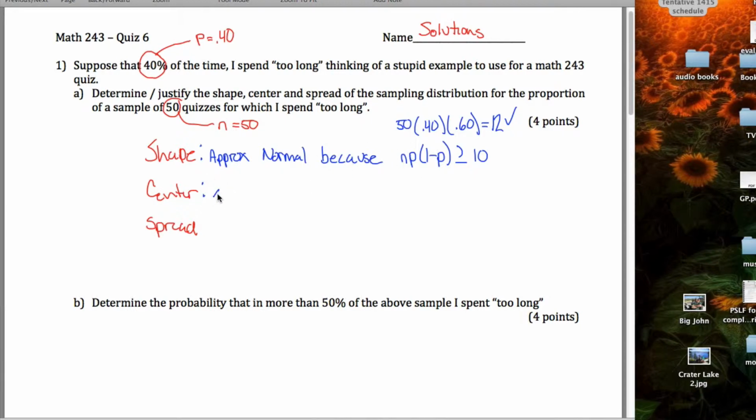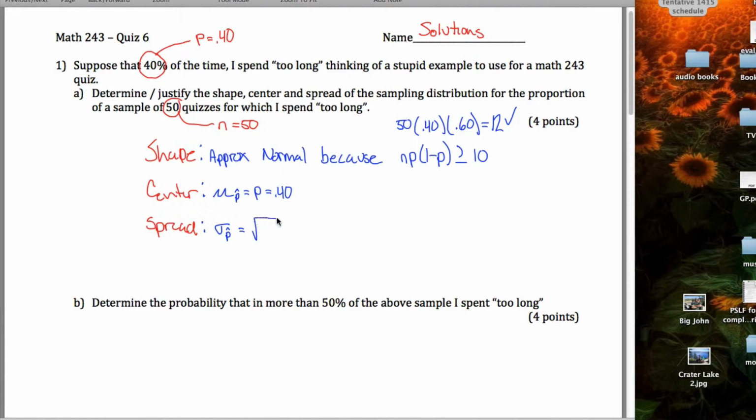Center. The symbol we use is mu sub p hat. What this is saying is that every sample proportion is different, but the overall average of all these sample proportions is expected to just be the population proportion, p, and that's equal to 0.40. The spread, same thing. My sample proportions, p hat, are different, so I can talk about the standard deviation of those sample proportions.